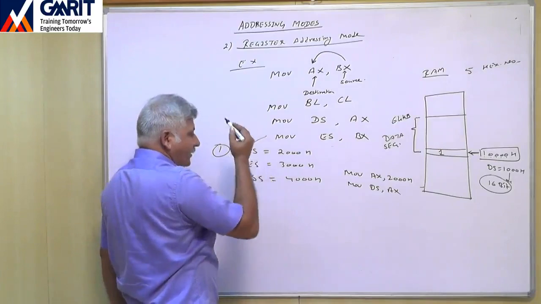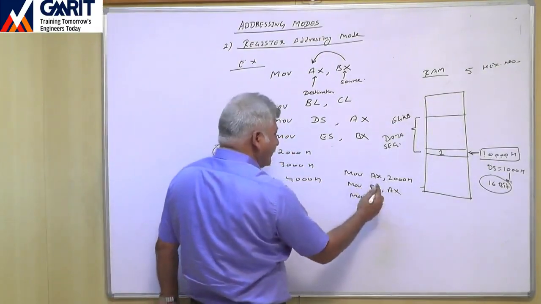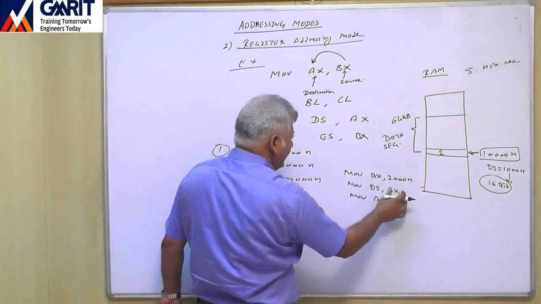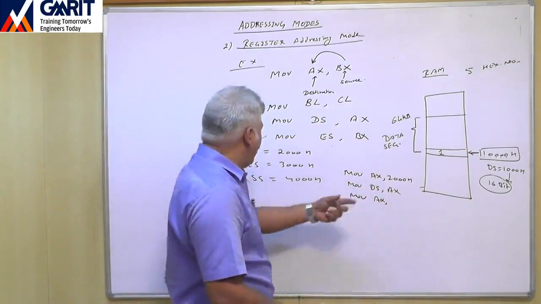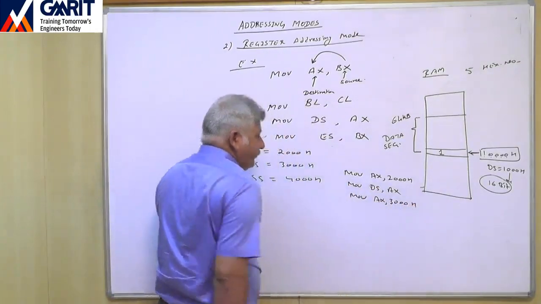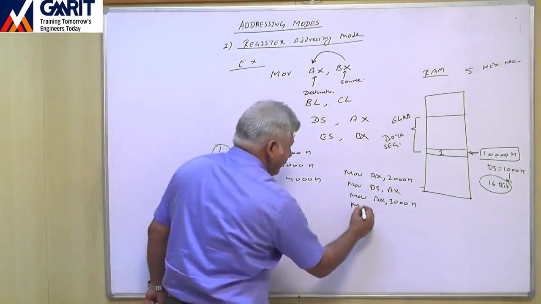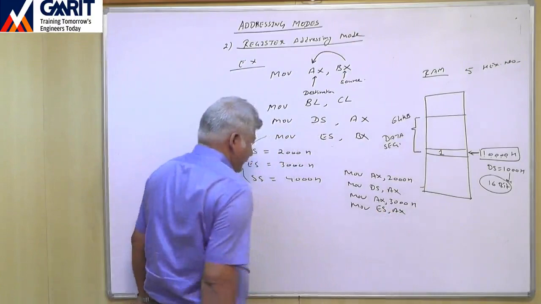Now we have to initialize ES. So here MOV. Again now we can use AX register, because already the value of AX has been used for the initialization of DS. Now in AX I will load 3000H. And after this, MOV ES, AX.